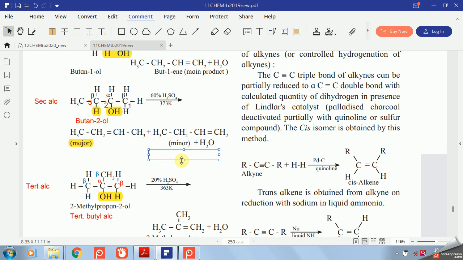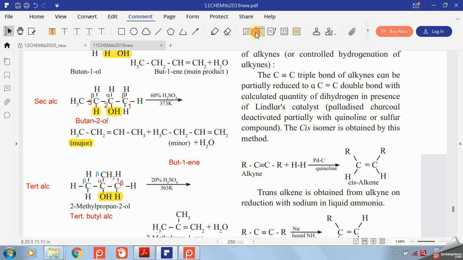If you write the numbering from the right side, your double bond is on the first carbon and there are only 4 carbons. So the 4-carbon alkane is butane, but the double bond is there, so ANE is replaced by ENE and the double bond is on the first carbon. So but-1-ene is the product, or it is alpha butylene.